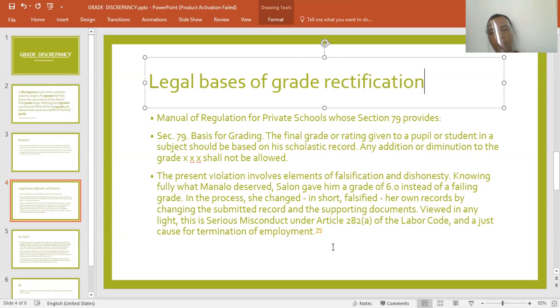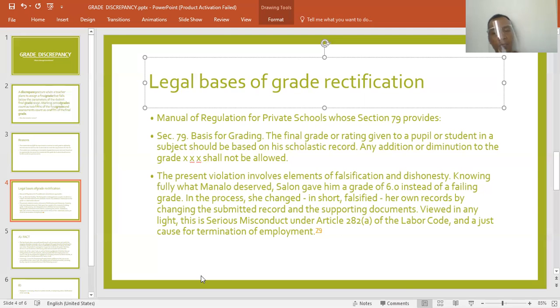If you violate this, you will be charged on the following grounds: falsification and dishonesty. Knowing fully what Manalo deserved, for example, Salon gave her a grade of 6 instead of a failing grade. In the process, she changed, in short, falsified her own records by changing the submitted record and supporting documents.